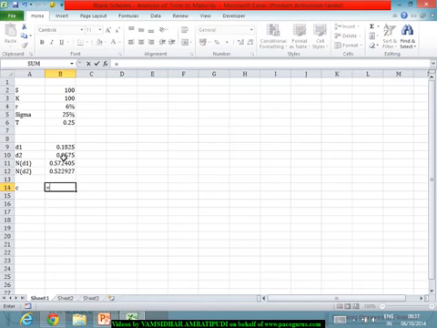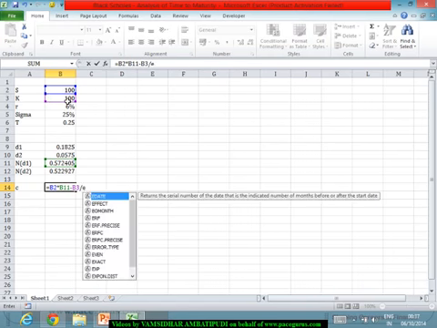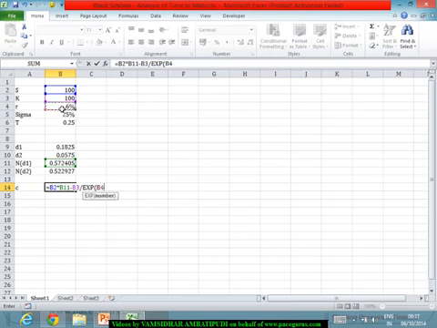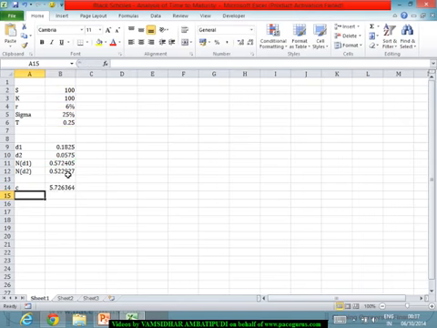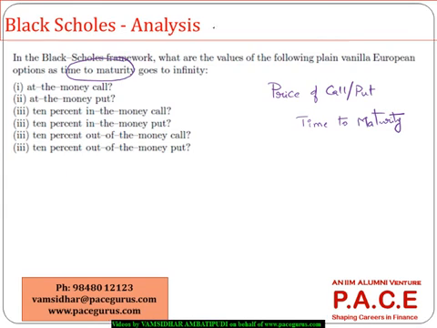From here I can find out the price of the call option: the spot price multiplied by ND1 minus the present value of the strike price, that is K divided by e power RT, times ND2. So this is the price of the call option. And what about the put option? I can use the call put parity relationship.